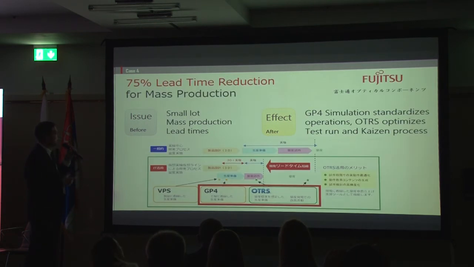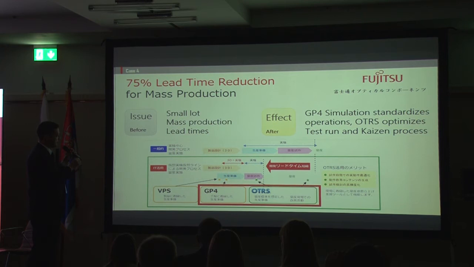And this is another one. This was with Fujitsu. Now, Fujitsu uses GP4 to simulate their production line. Then they use OTRS after they start doing a test production, trial production, and the actual mass production. Because they use GP4 first, that establishes a standard production time.